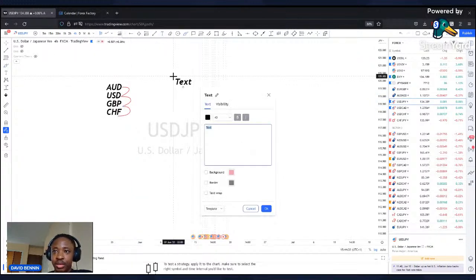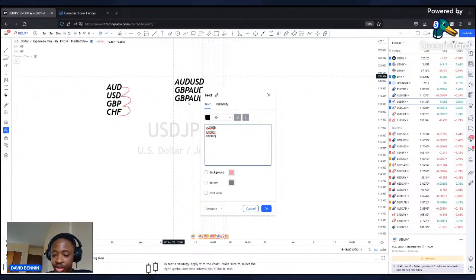So the pairs I'll be focusing on will be AUD USD, AUD, so I will also look at GBP AUD. Let me do the AUD first.